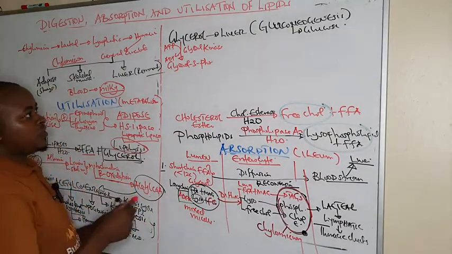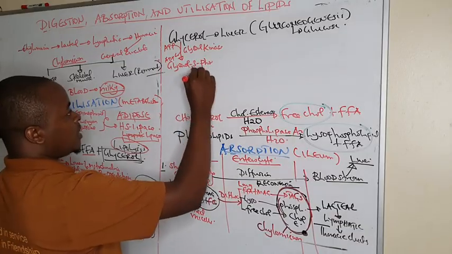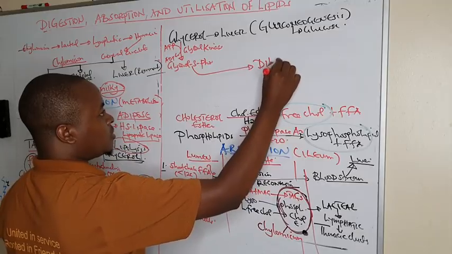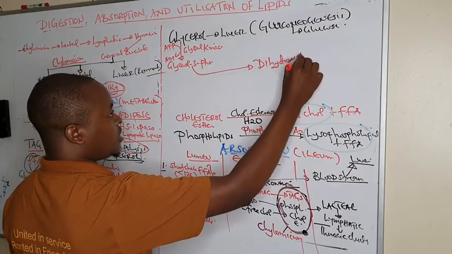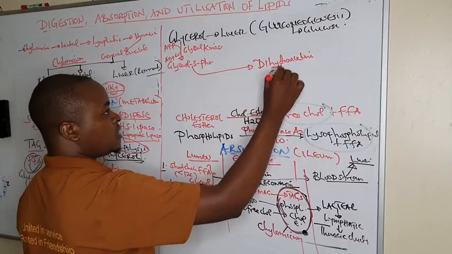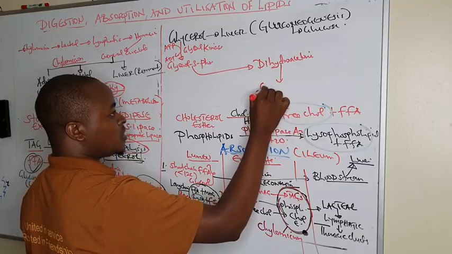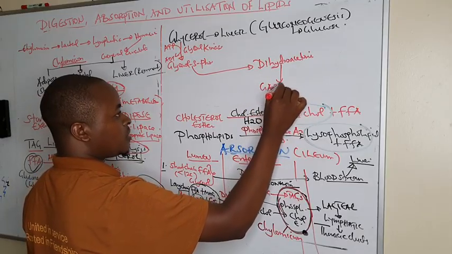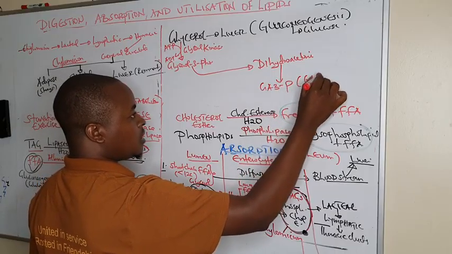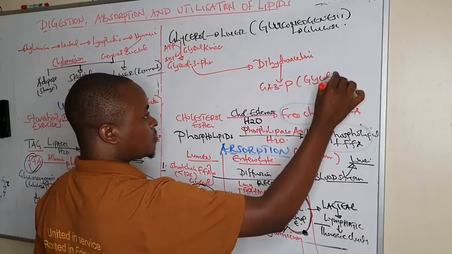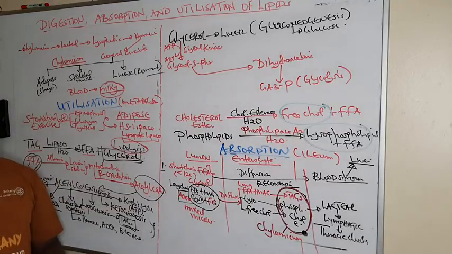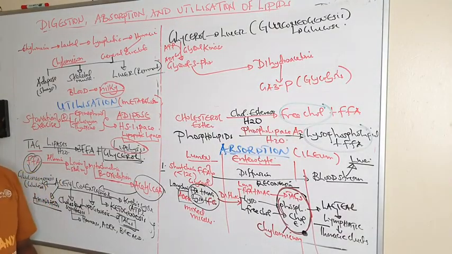And this glycerol 3-phosphate formed can be converted to dihydroxyacetone, which is an intermediate, or we can utilize it by converting it to glyceraldehyde 3-phosphate, which is an intermediate in glycolysis. So that is how glycerol undergoes gluconeogenesis.